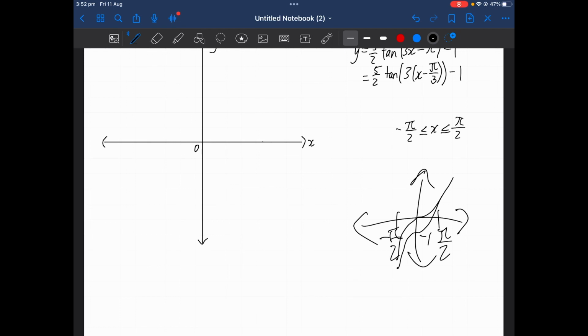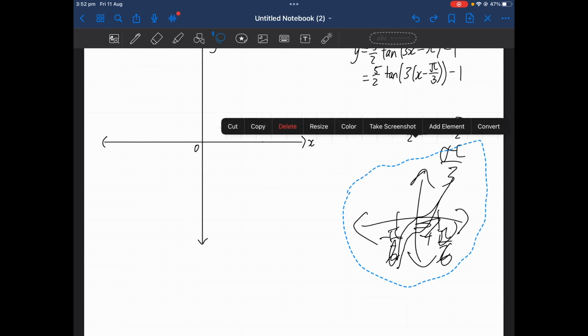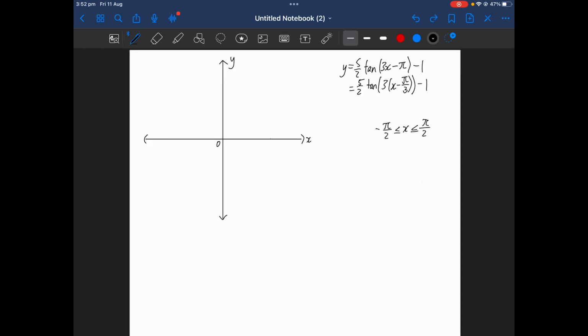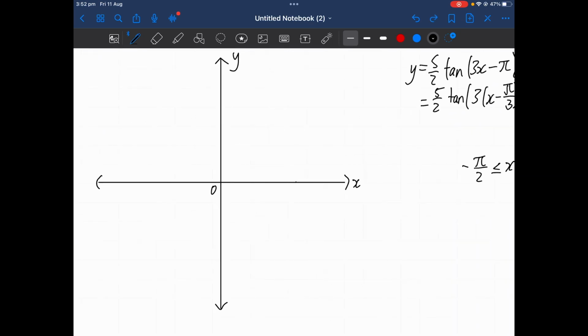So it goes down by 1. It needs to be a period of pi on 3. So this is going to be pi on 6 and pi on 6. And you shift it across pi on 3. You can do that all on a mini scale, in your own messy way, and then transfer that, maybe cross it out, and then do the final proper one on the graph here. You can do that if you like, or you could just visualize it without having to draw it.